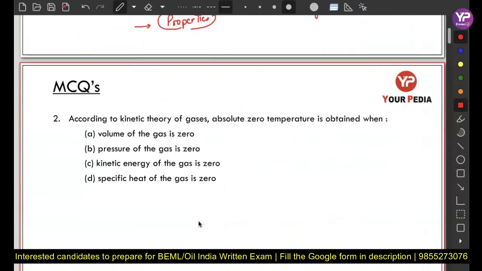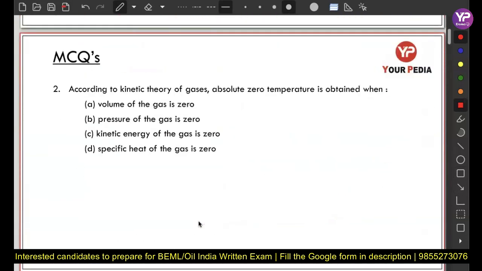Now, the next part is: according to the kinetic theory of gases, absolute zero temperature is obtained when. Now just see. First of all, specifically in basic thermodynamics, thermodynamics is studied in two different ways. There are two different approaches to study thermodynamics. The first one is the microscopic approach, the second one is the macroscopic approach.